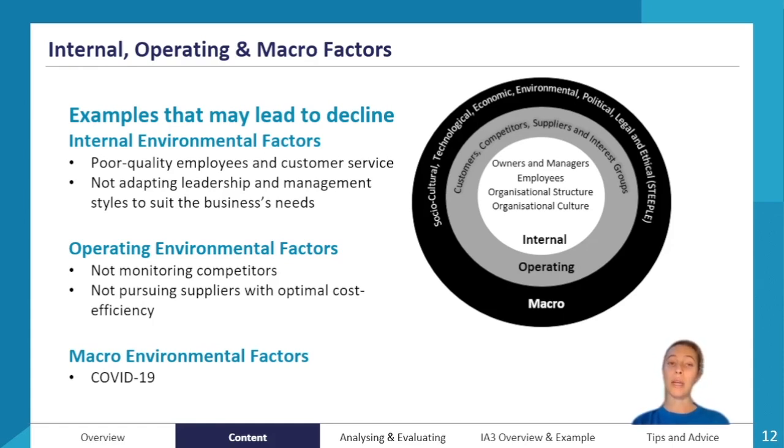It would be a range of different things that lead to that decline. But these are just examples of some of the things that may be in the mix. Now, macro environmental factors, a classic example that you can probably think of yourself is COVID-19.